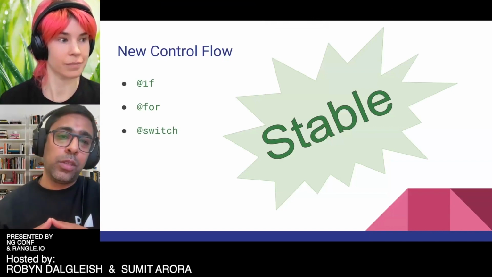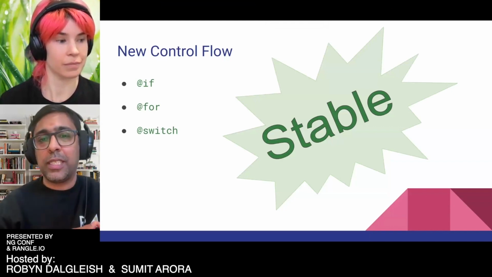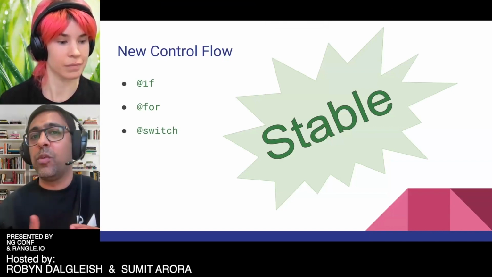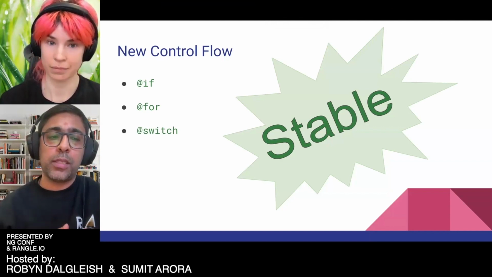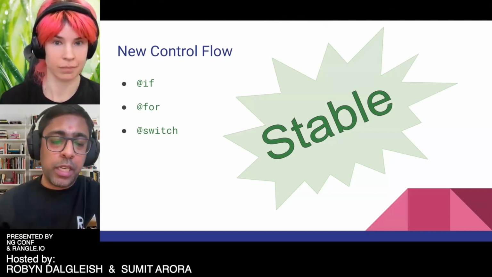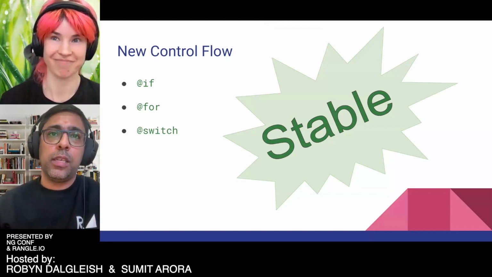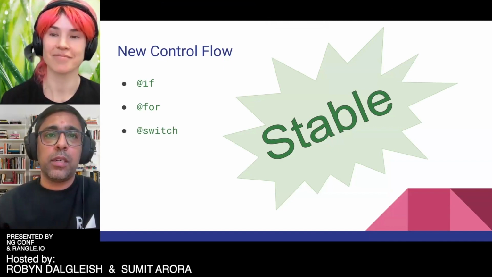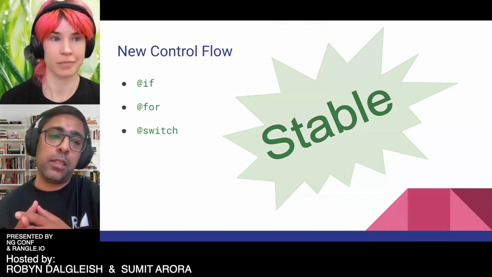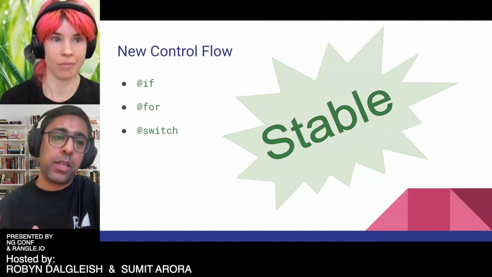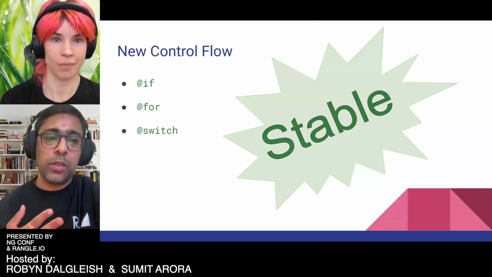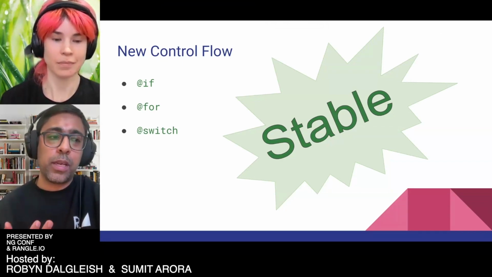The other new thing that was released in version 17 is the new control flow improvements. The Angular team heard the feedback from the community saying, hey, we want to enhance the control flow of the application, and make it easy. So they released @if, @for, @switch, which are basically the new control flow statements.